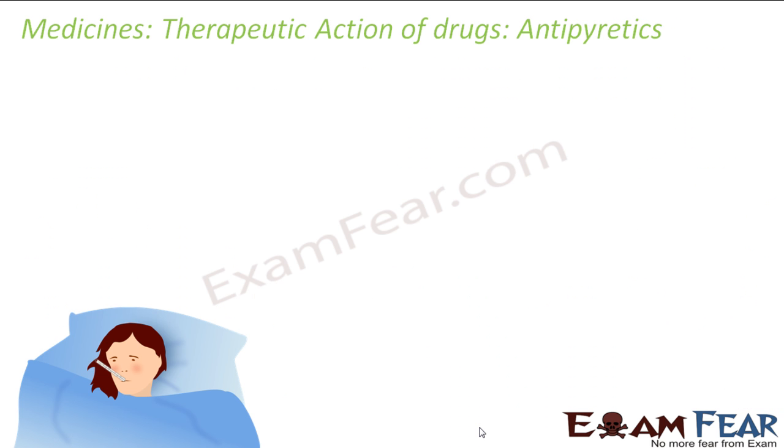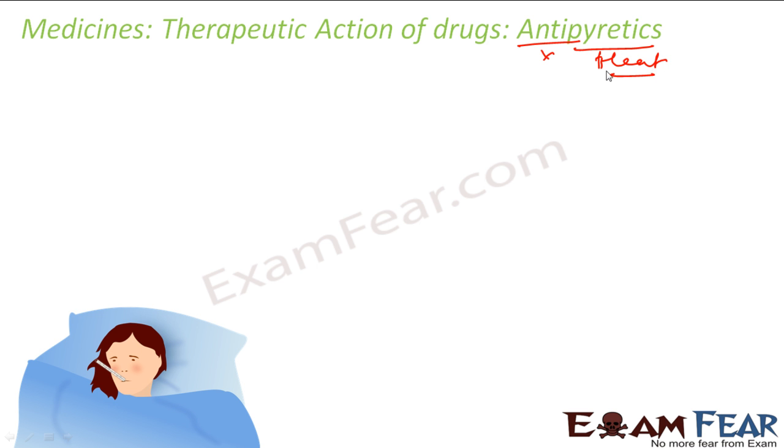The next type of drug is antipyretic. When we get fever or the temperature increases, we should take some drug to reduce the temperature. Antipyretic drugs help to reduce the temperature. The name anti means against, and pyretic means heat, that is temperature.